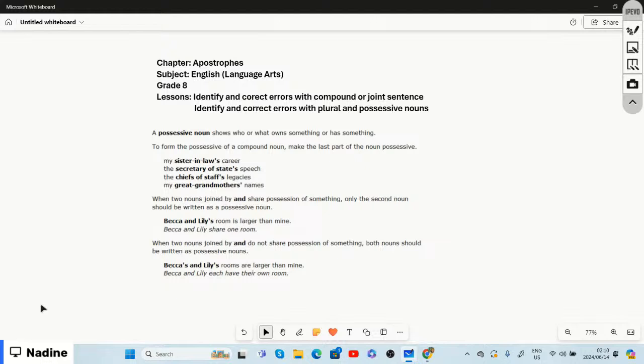And remember when we add an apostrophe and s, right? And then we have another one that says my great grandmother's name. So whose name are we talking about? We're talking about my great grandmother.